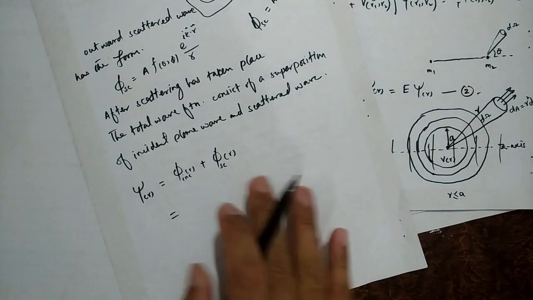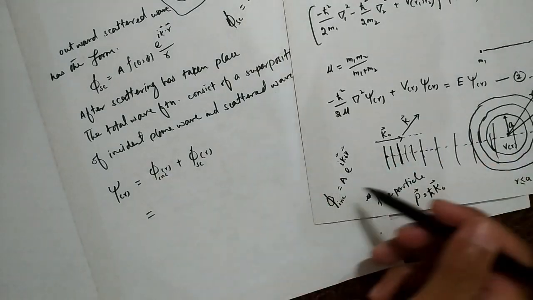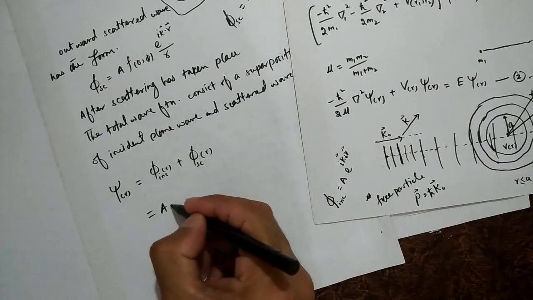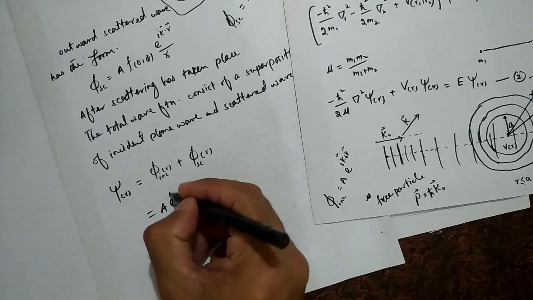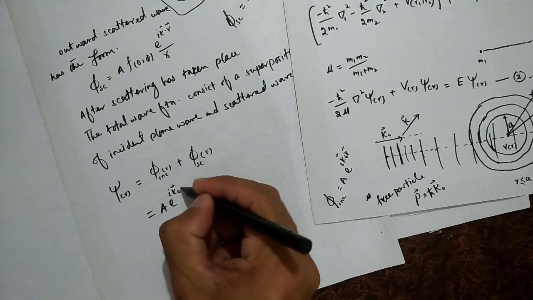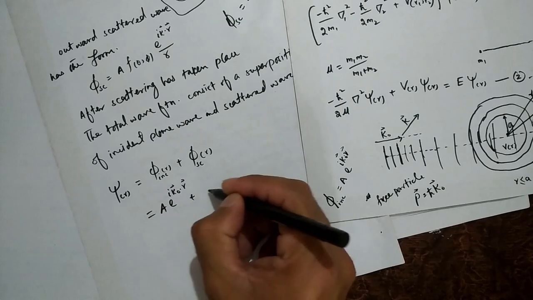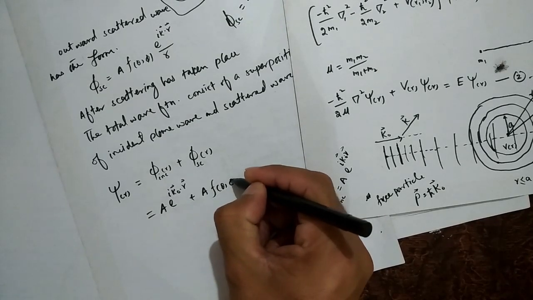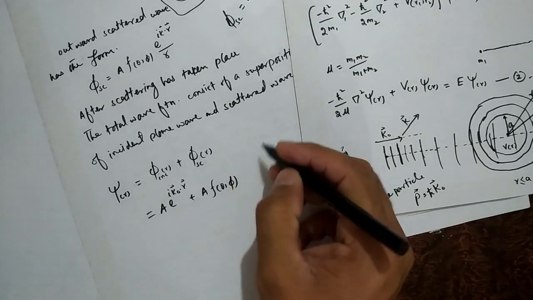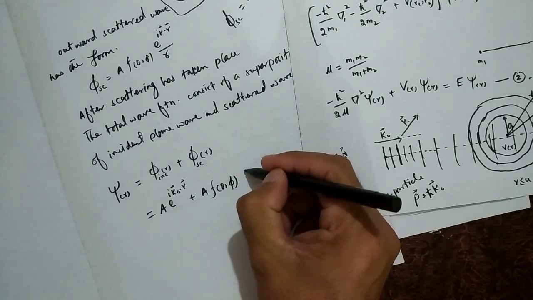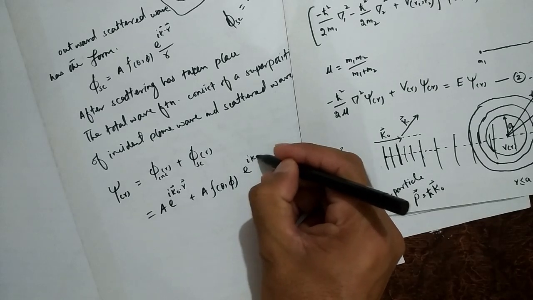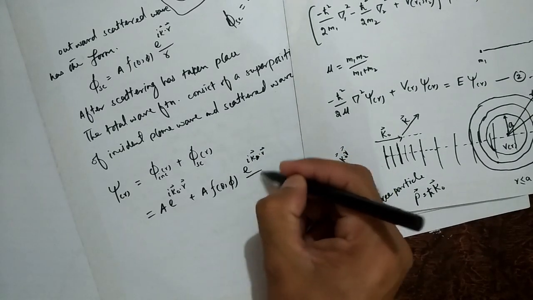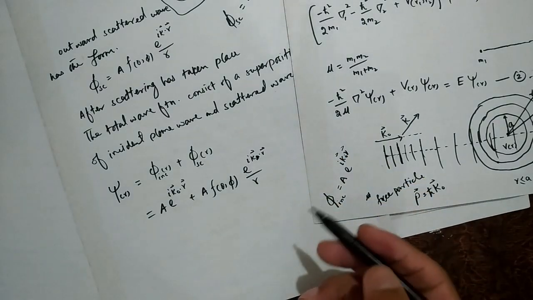So the incident wave was A e power i k naught r, plus A f of theta and phi, which is the amplitude of the scattered wave, and e power i k r over r.